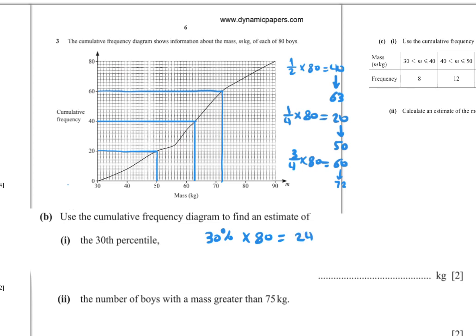Now from 24, this 24, because each small square represents 2. So from 24, draw horizontal line from 24 till you reach the curve, then find the corresponding value on x-axis. You will find the answer 56.